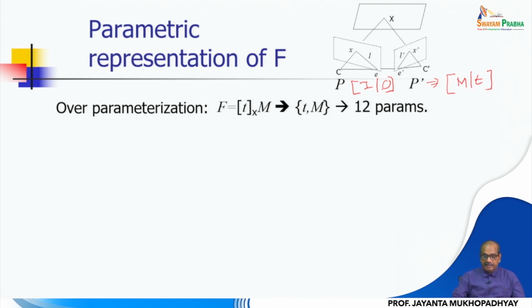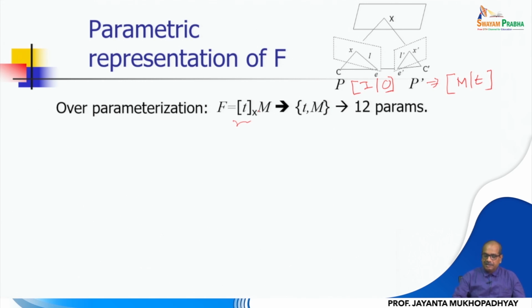In that case, F can be expressed as [t]cross M. We are using the cross matrix term to denote the special operation which replaces the cross product of two vectors, as we discussed earlier.